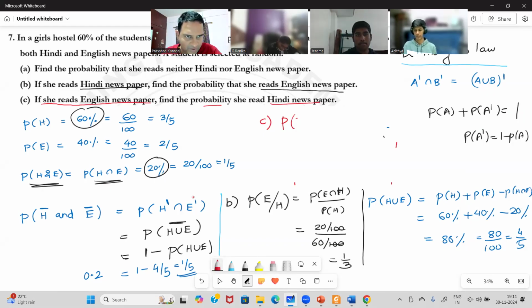Because simply if you say Hindi newspaper, that is already given. 60% read Hindi, correct? So what you should do? You have to find probability of H given E, sir. So what is the formula for this? P of E intersection H by P of E, sir. Very good. And what is P of E intersection H, Jerome? 20 by 100.